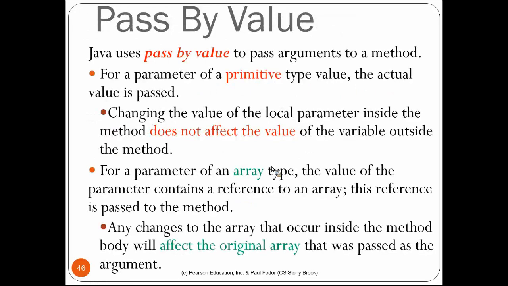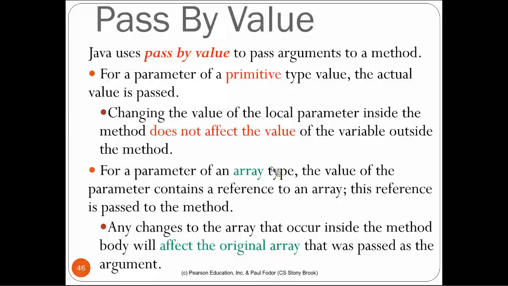So Java uses pass by value to pass arguments to methods. For a parameter of a primitive type, the actual value is passed, and therefore we have a copy of the actual parameter in the formal parameter. If the formal parameter is changed inside that method, it doesn't change the actual parameter in the main method.